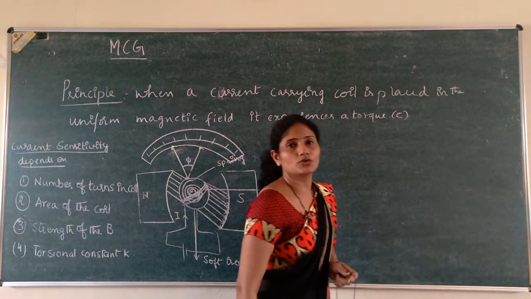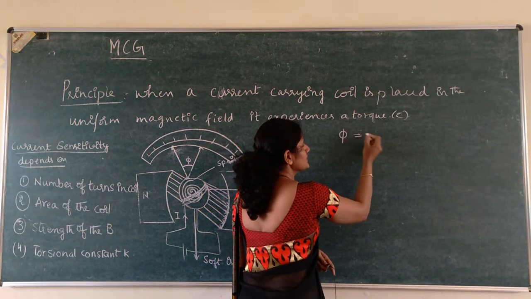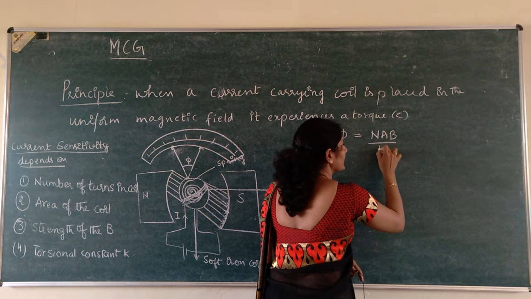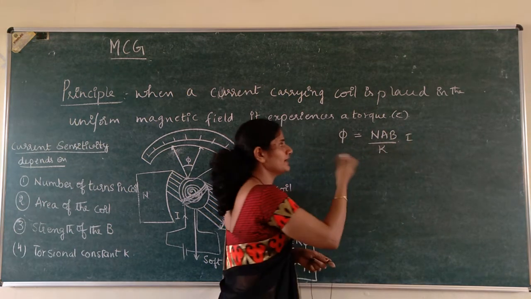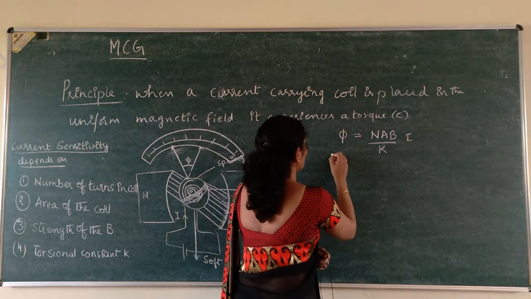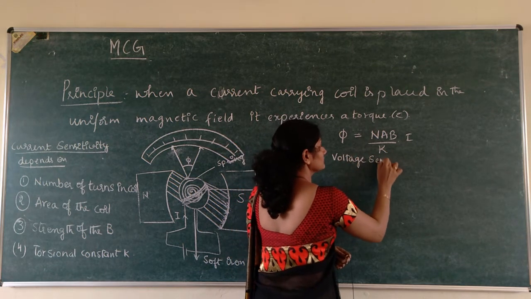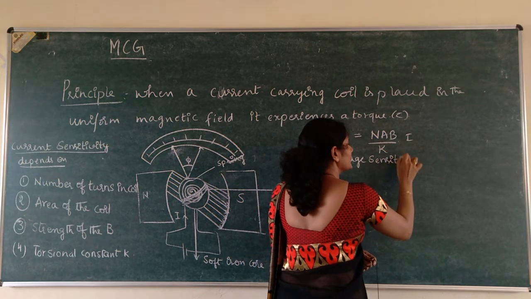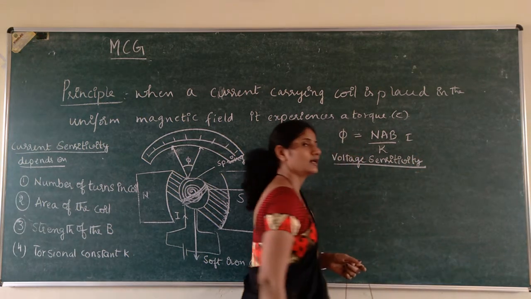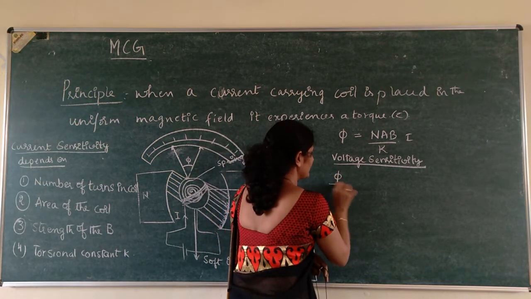We know that phi is equal to NAB by K into I, or phi by I is equal to NAB by K. Voltage sensitivity of a given galvanometer is nothing but the deflection per unit voltage, that is phi by V.